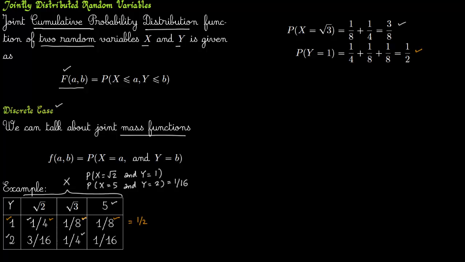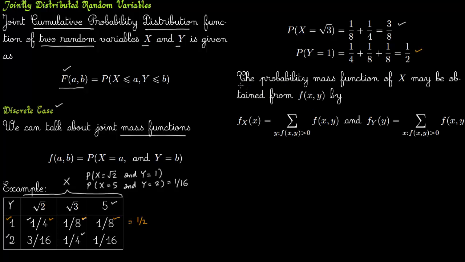So you can say now that the probability mass function of the random variable x can be obtained from this joint mass function. First we are given this joint mass function, which is of both x and y, but you can find the probability mass function of x by summing up over all values of y such that the corresponding probability is greater than 0.